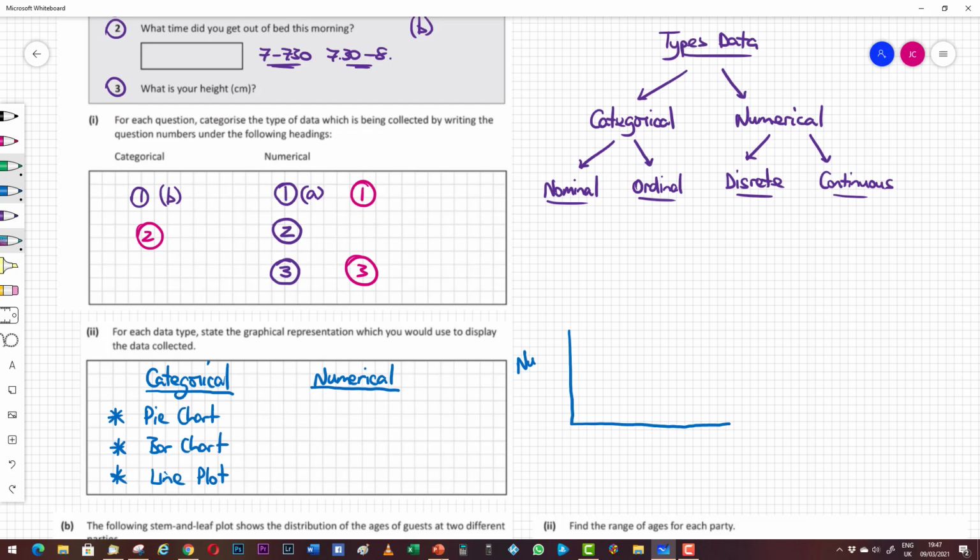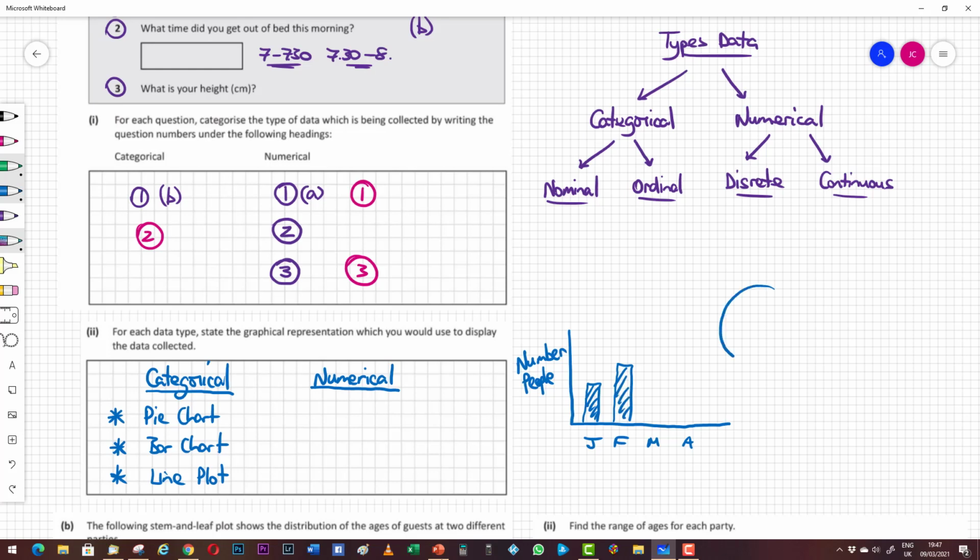The number of people would be on the side, and then we would have the months at the bottom. So we would have January, February, March, April, and then the heights of the bars would represent the number of people who were born in those particular months. And that would be a good way to represent the data.